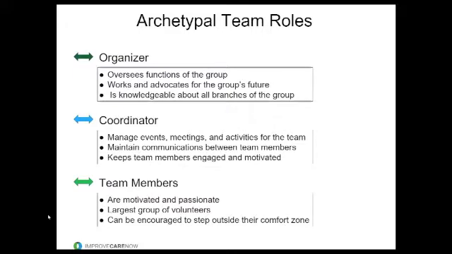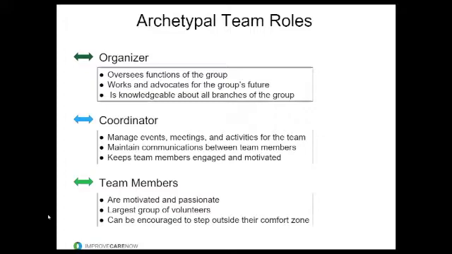So these are 3 archetypal team roles. So first we have the organizer. This is the center node of our Snowflake model. This person is overseeing everything that goes on in the group. They're monitoring events, meetings, people coming into the group, people leaving the group, conversations with other groups.